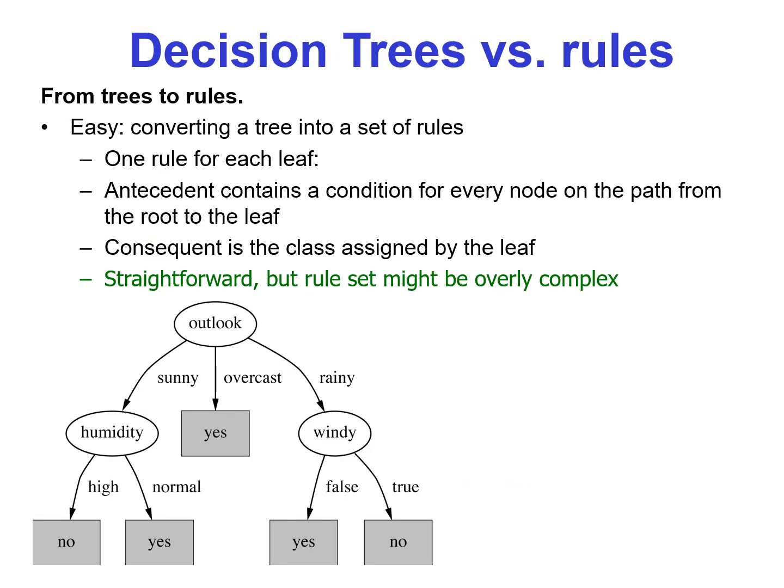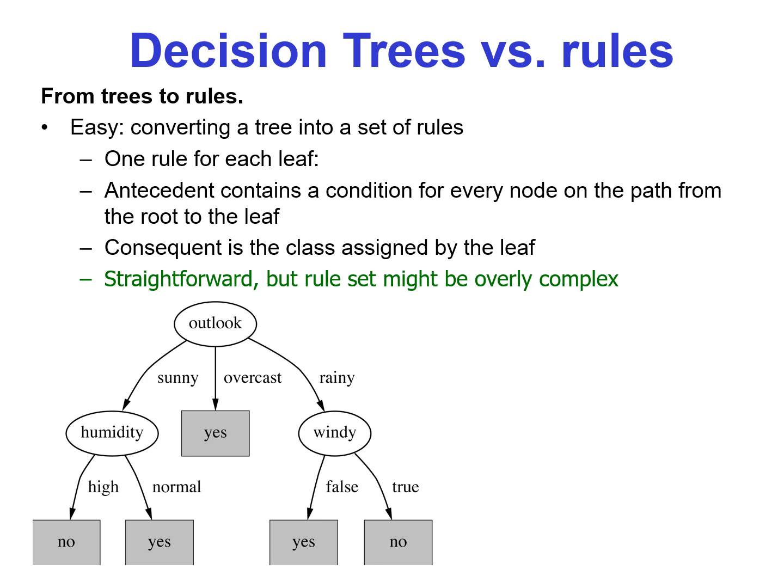Then decision tree versus rules. From trees to rules: we can convert a tree into a set of rules, one rule for each leaf. The antecedent contains a condition for every node on the path from the root to the leaf. Similarly, the consequent is the class assigned by the leaf. It is straightforward, but the rule set might be very complex, because different trees can be drawn for a scenario, so it automatically becomes complex.